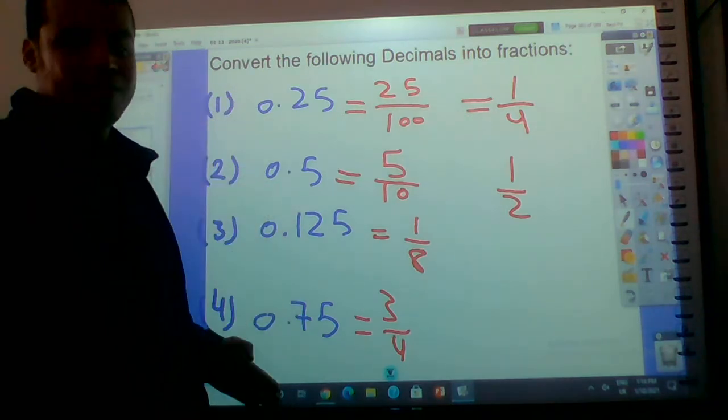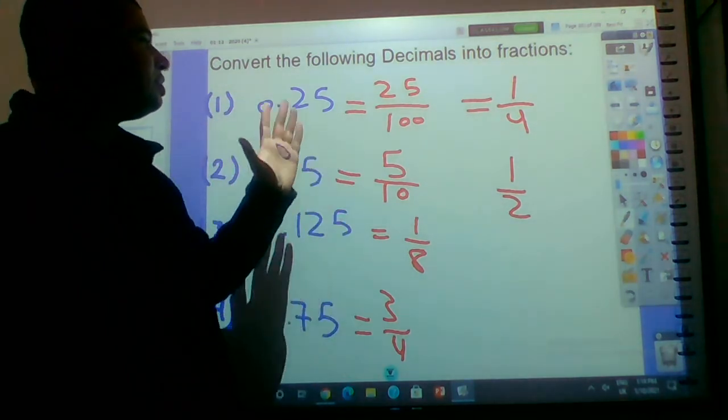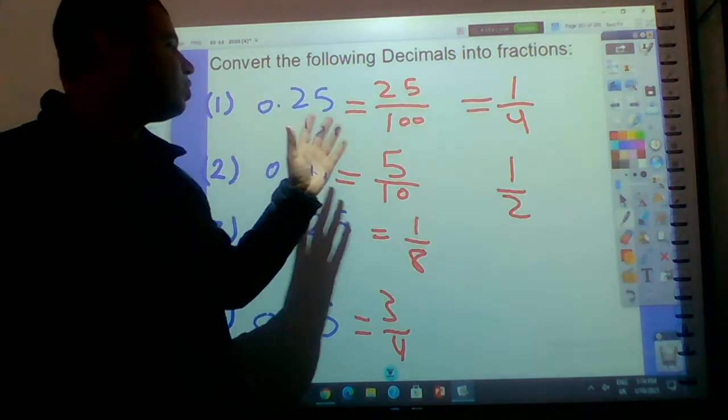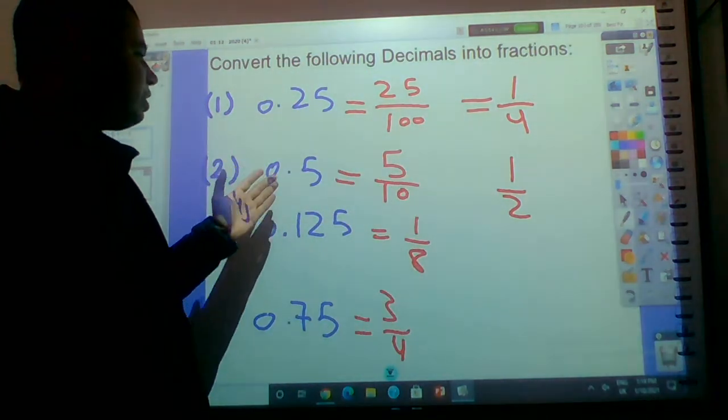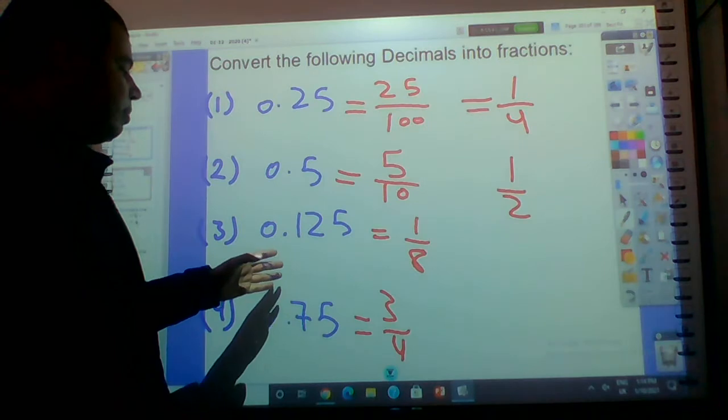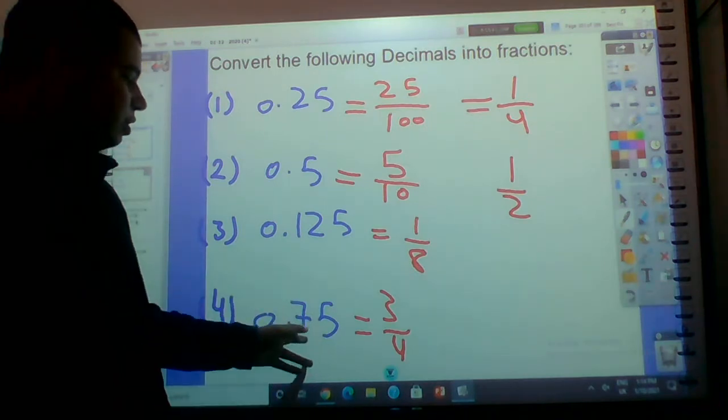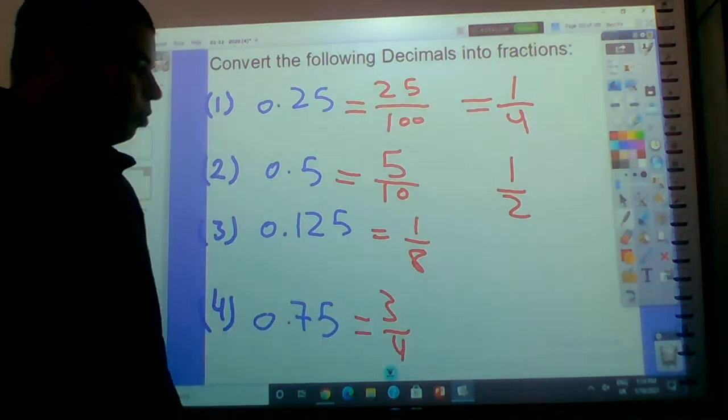So you need to memorize this. A quarter is the same as 0.25, a half is the same as 0.5, 1/8 is the same as 125 thousandths, and 75 hundredths is the same as 3/4.